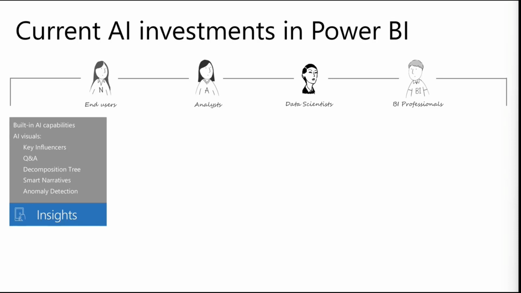And the last is anomaly detection. Anomaly detection is an API that's offered by cognitive services, and this is now built into Power BI. So on time series data, you are able to detect anomalies and also find possible explanations for those anomalies.